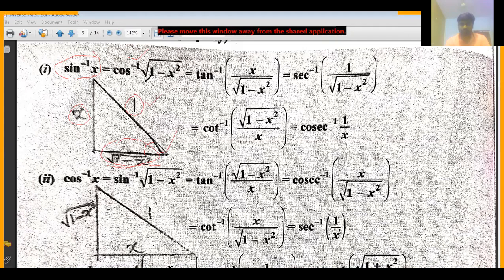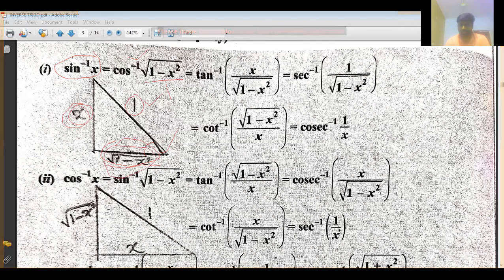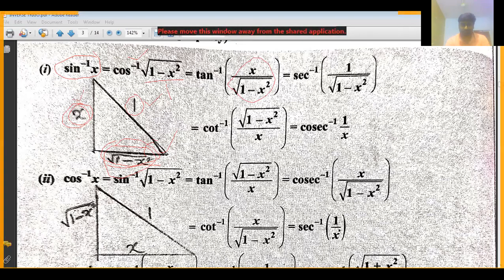Okay. Now, what about tan inverse? Height by base. Correct? Now, opposite by adjacent. That means x by root 1 minus x square. Okay. So, this part by this part.